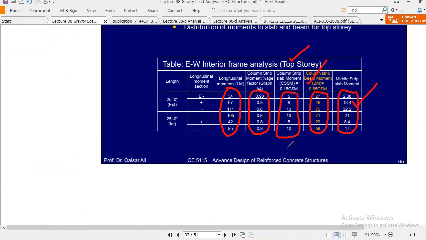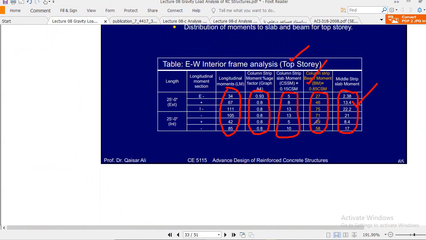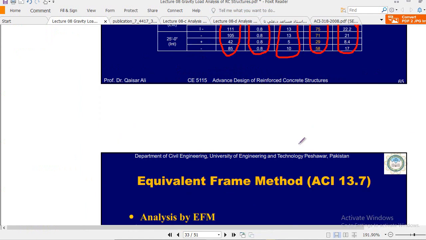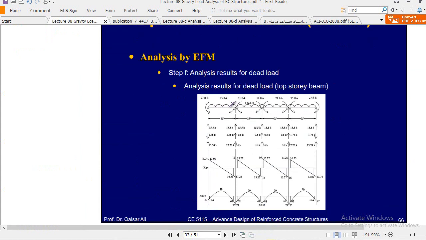Okay, after calculating these moments, we have to assign those moments to our beams. This is our beam now. Remember, this is our final beam, the top story beam.